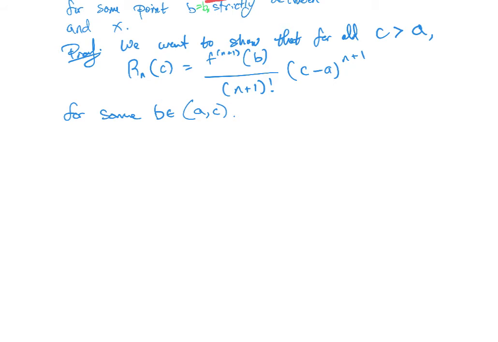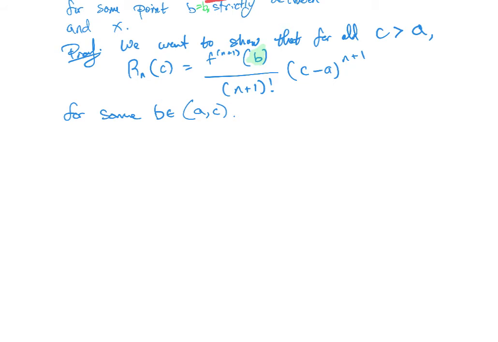So think about the point A, that's our center, that's fixed. Think about the point C, that's where we care about the error, as fixed. We want to find this point B. Well, we don't so much want to find it as prove it exists, okay?